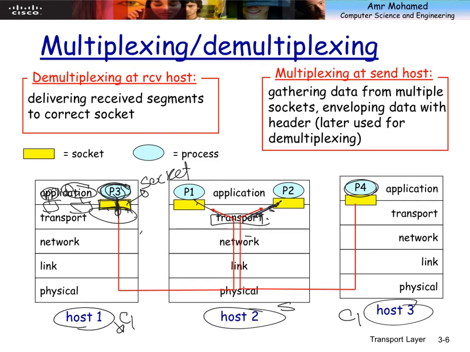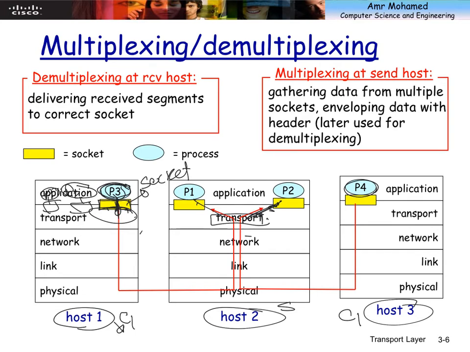It's supposed to be an easy question. Based on what? Based on the port. Port number. So the port number is the application identifier that tells me which application really needs to process this segment.